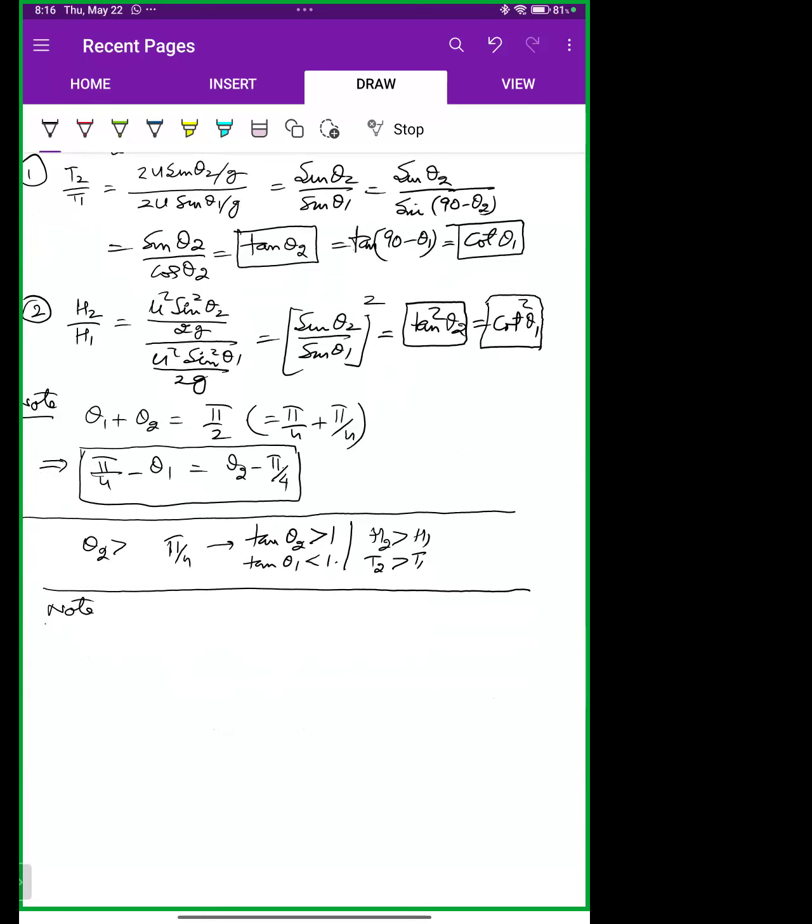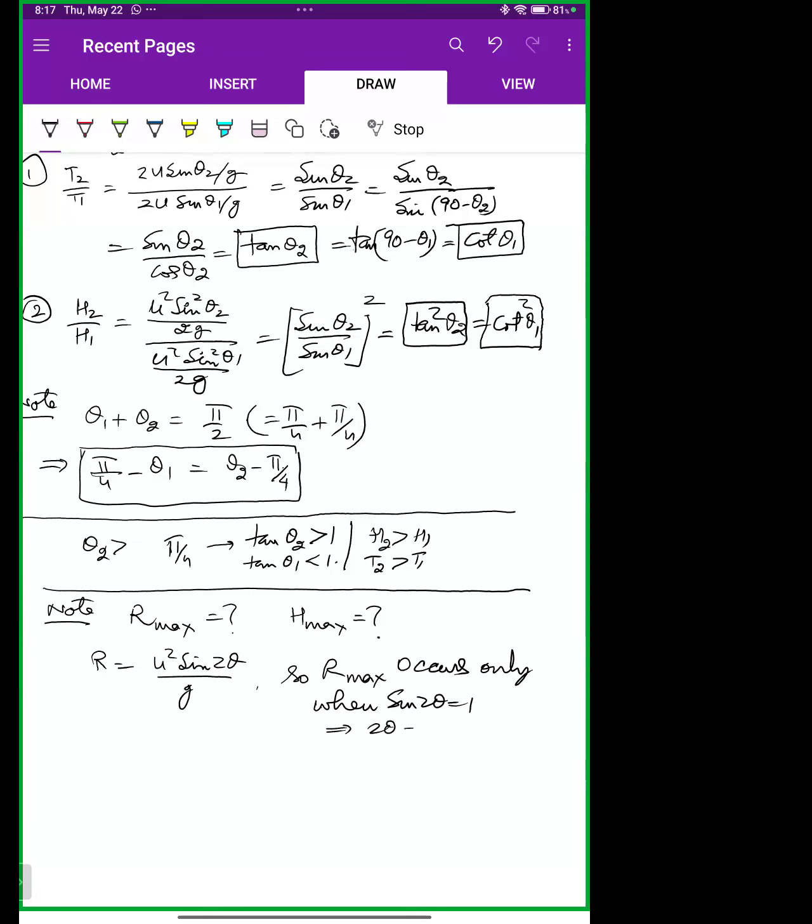Note R max. R is equal to U square sine 2 theta upon G. So R max occurs only when sine 2 theta is equal to 1.